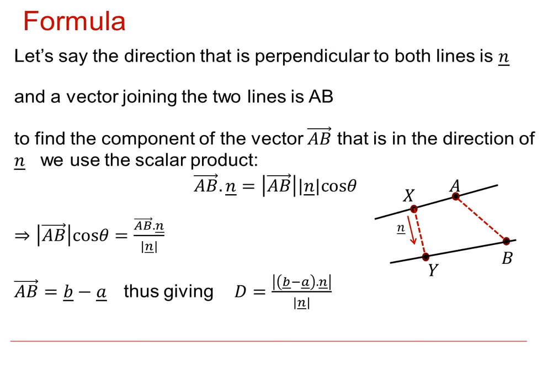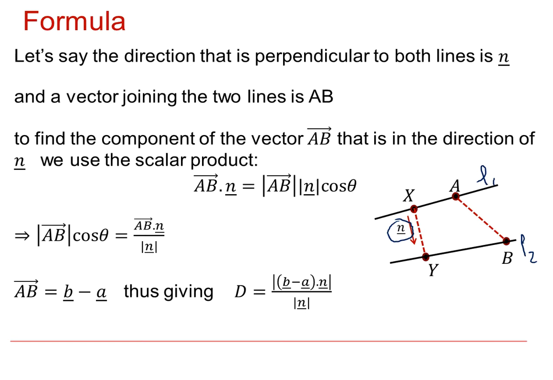AB scalar product with the normal n equals the modulus of AB, modulus of n, cos theta. So here we have this normal vector n. We've chosen a point A on L1 and B on L2. And then the vector AB is the line between those.